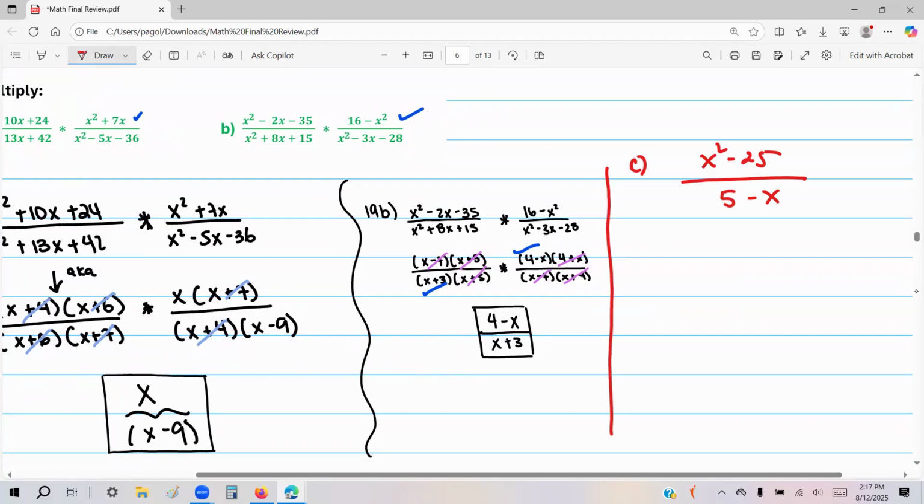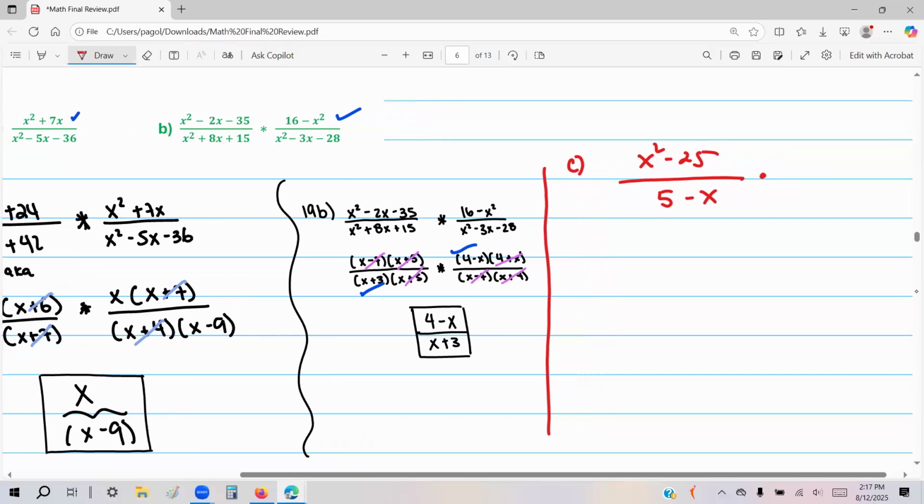Let's say I have a multiplication next: x minus 3 over 9 minus x squared. So we have multiplication of two fractions, two rationals.